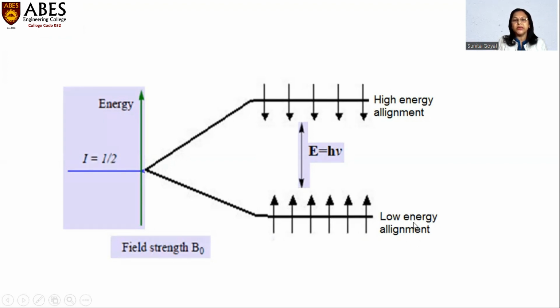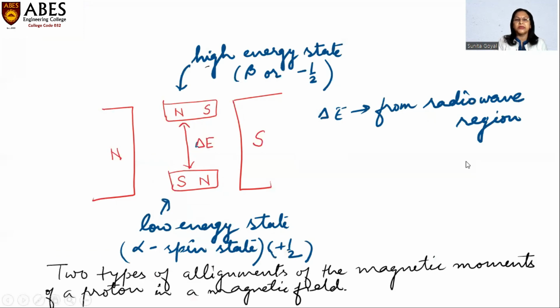In the low energy alignment, the nuclear spin states are in the same direction as the external magnetic field. In the higher energy state, the spins are in the opposite direction, against the external magnetic field. This is the high energy alignment while that is the low energy alignment, and the energy difference between the two is delta E.